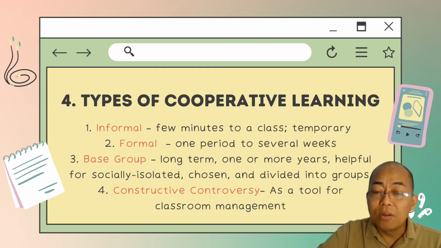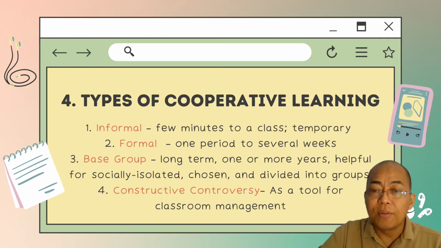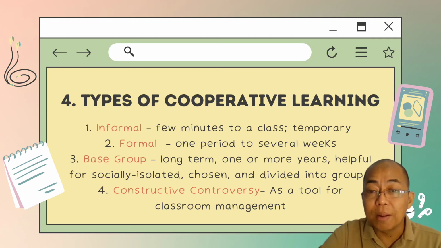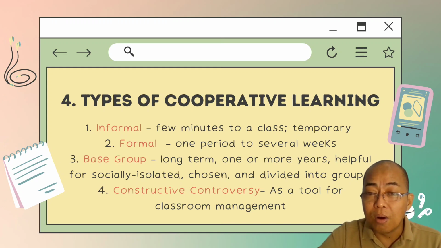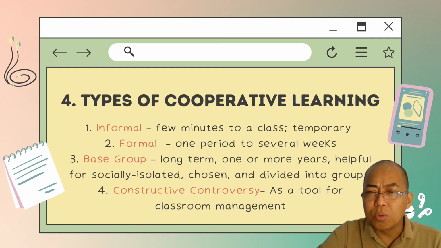But because it was hard for teachers to monitor each and every member of the class, cooperative learning actually helps. Instead of monitoring every one of your students, like if you have a class of 45, it will be next to impossible.